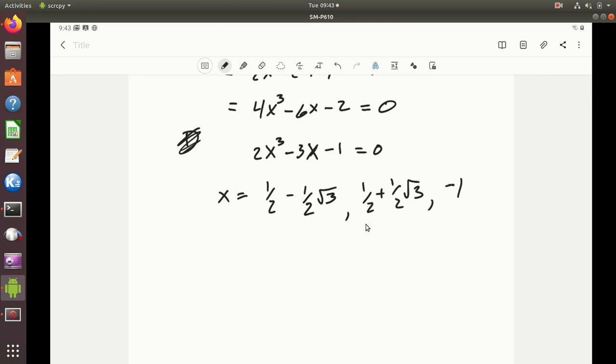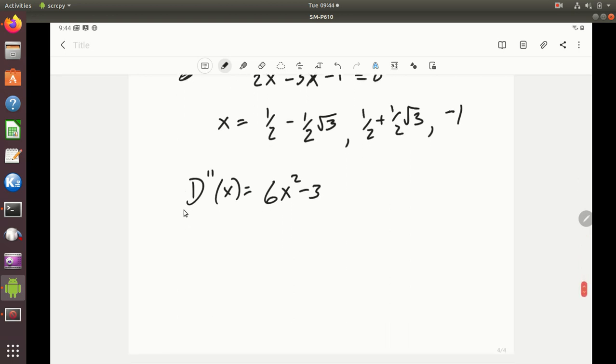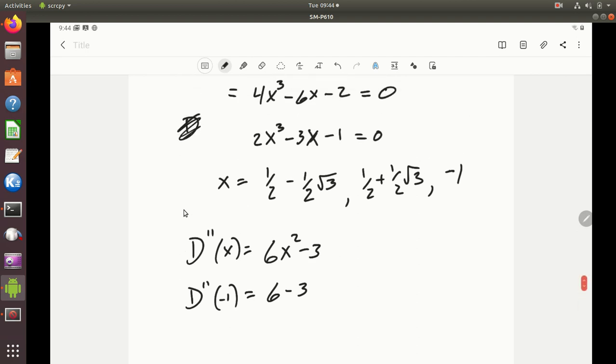I know that 1/2 minus 1/2 the square root of 3 is the right answer. But let's take the second derivative, d double prime of x, and we get 6x squared minus 3. And so now, certainly if I look at d double prime of -1, I get 6 minus 3, which is, really? 6 minus 3.